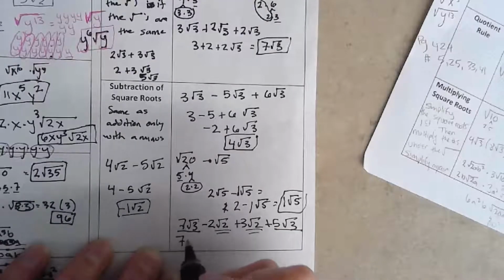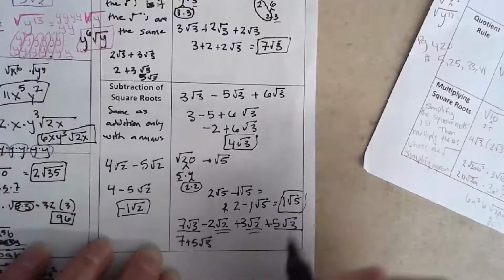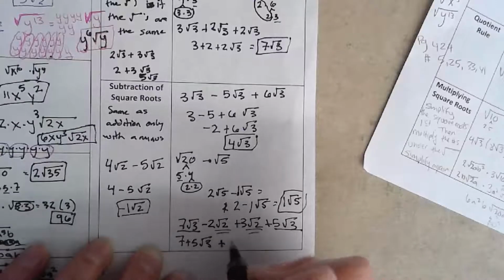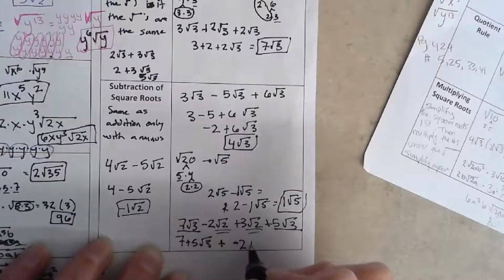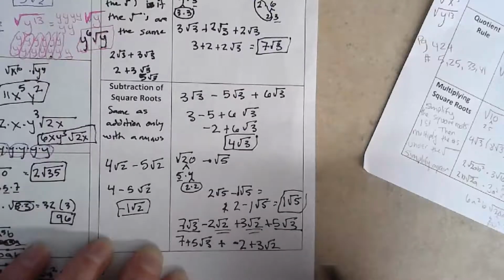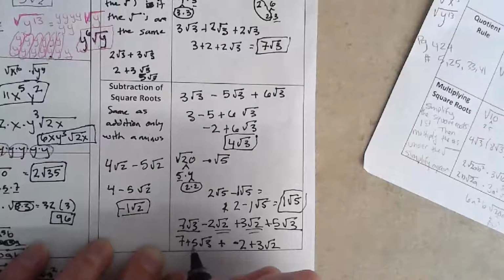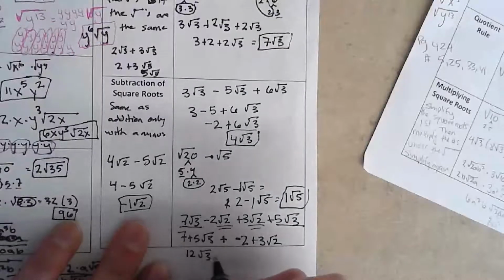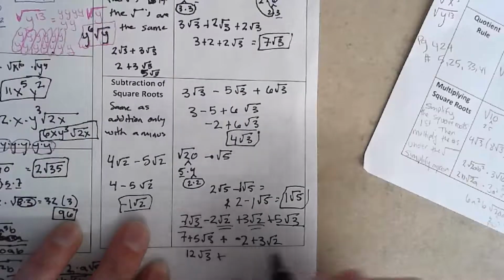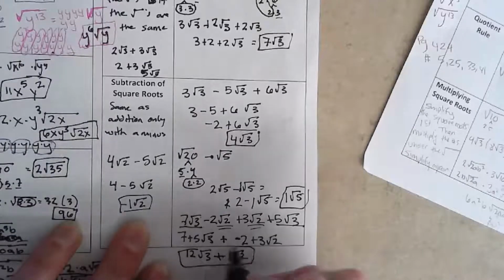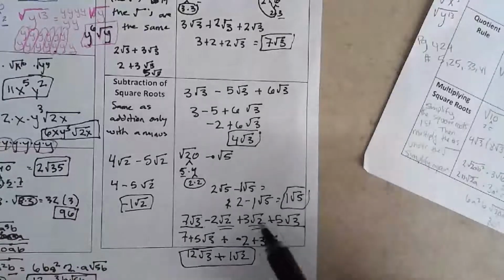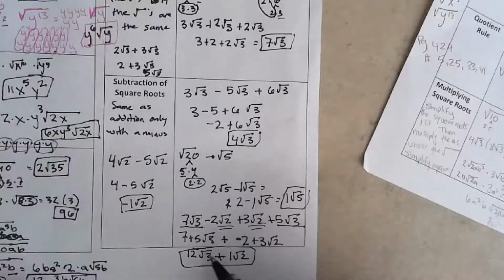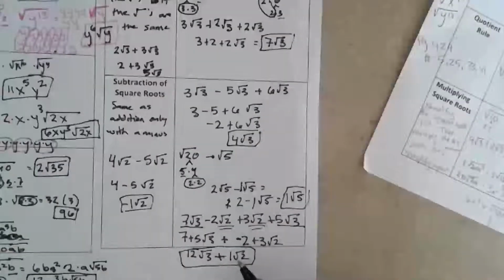So I'd have 7 plus 5 square root 3 plus negative 2 plus 3 square root 2. So 7 plus 5 is 12 square root 3, plus negative 2 plus 3 is 1 square root 2. Sometimes they don't all combine. You might end up with 2 answers.